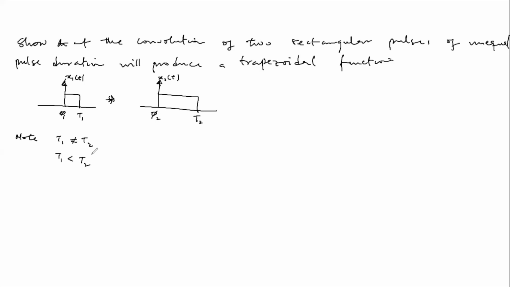Okay, so the convolution process here will result in a trapezoid. So for us to construct that, we're going to have something like this. So at the origin, we have phi 1 plus phi 2, right?